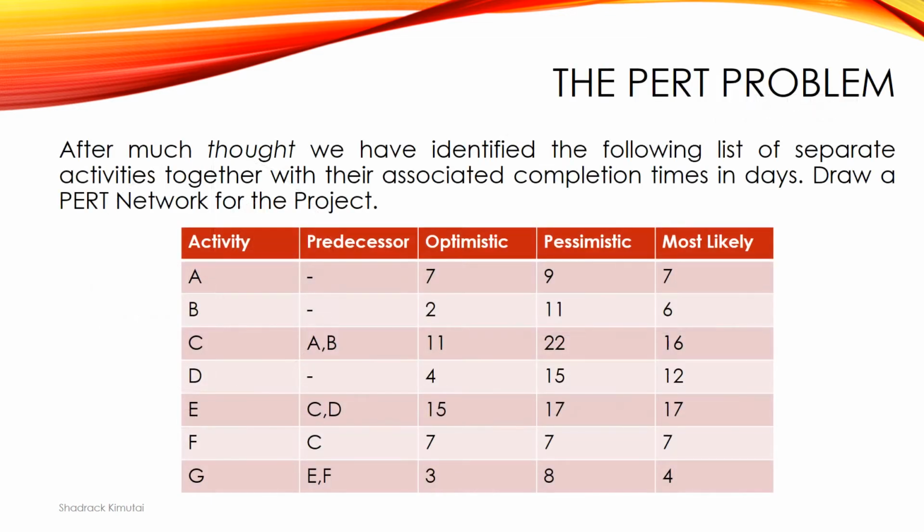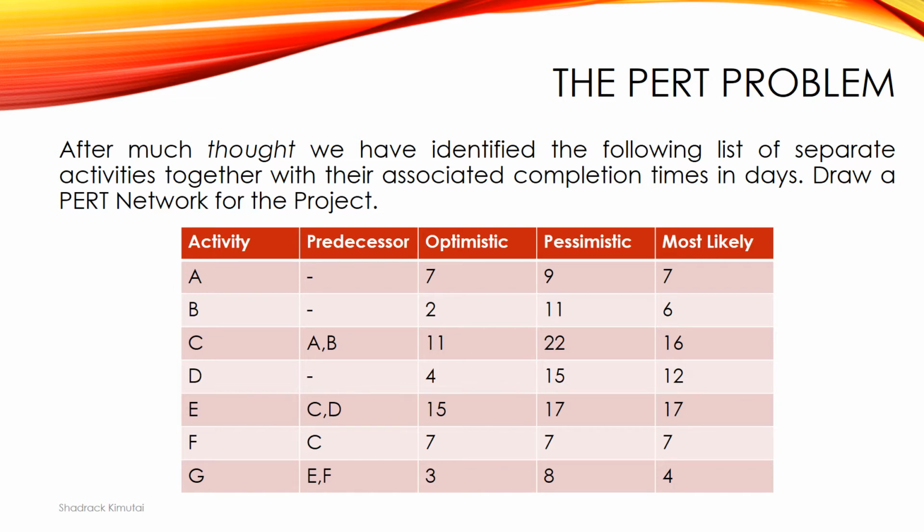Okay, now we've been given this PERT problem. We've identified separate activities which are associated together, and we have been told to draw a PERT network for the project. You'll discover that you're given three types of times. We have an optimistic time, a pessimistic time, and the most likely time.